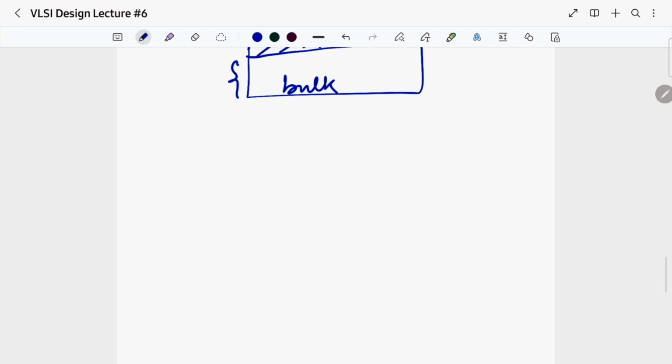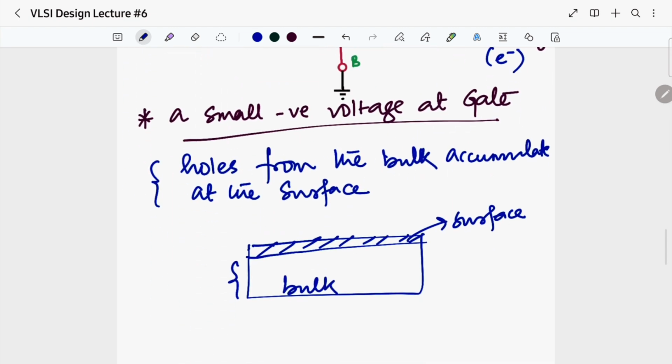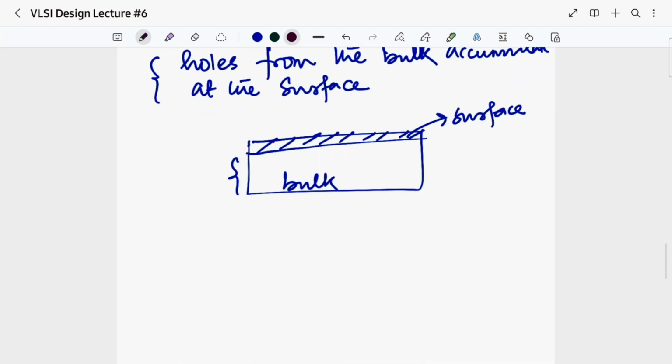Now, after I have achieved this, I will make changes to my voltage at gate. Why will I do that? Because our MOSFET is a voltage controlled device, so I have to see what happens at different levels of our voltages.